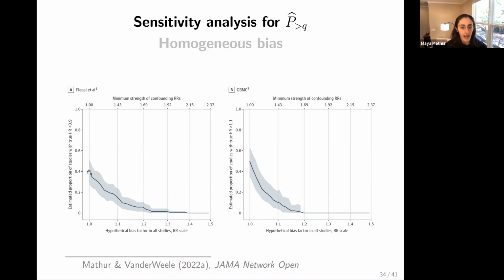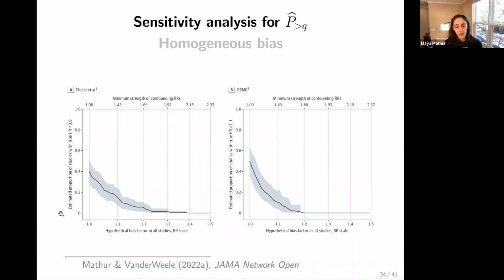And then as we get more and more confounding in each study, of course, we get fewer and fewer meaningfully strong population effect sizes. Likewise for GBMC, the naive estimate was around 0.5 and then declines as we have increasing confounding.